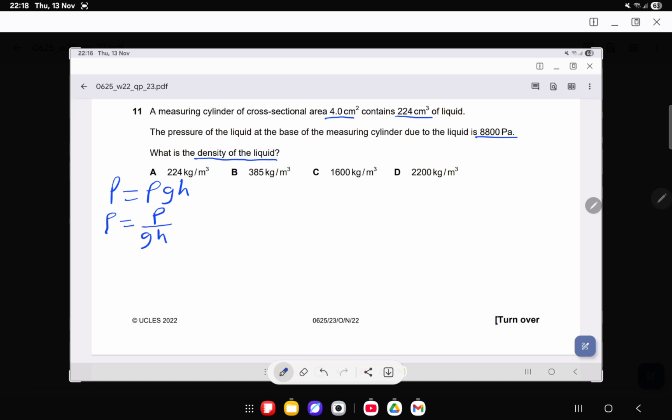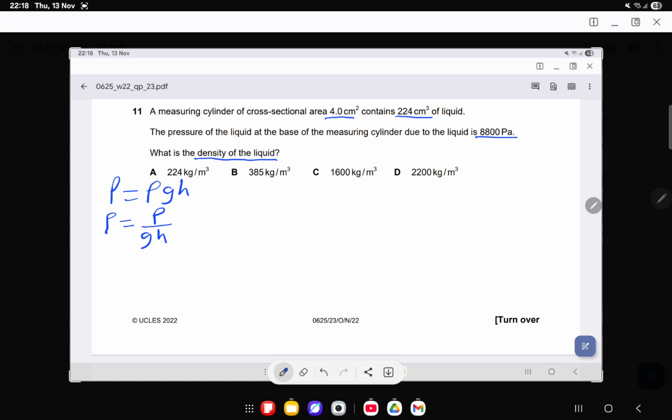Okay, so we know that our gravity is going to be 10. Now, we have also been given the pressure, which is 8,800, but we don't know our height or the depth.